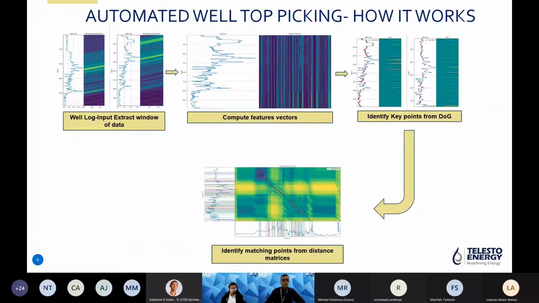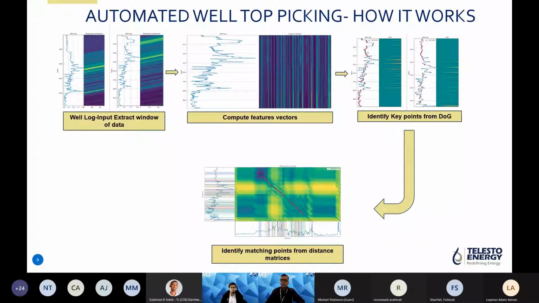And this is how it happens. We choose an interval of a reservoir, let us say a reservoir interval of 500 meters. We pick the logs, extract the window, and compute feature vectors. Feature vectors are essentially the points or the image, depending on the intensity, that are plotted.